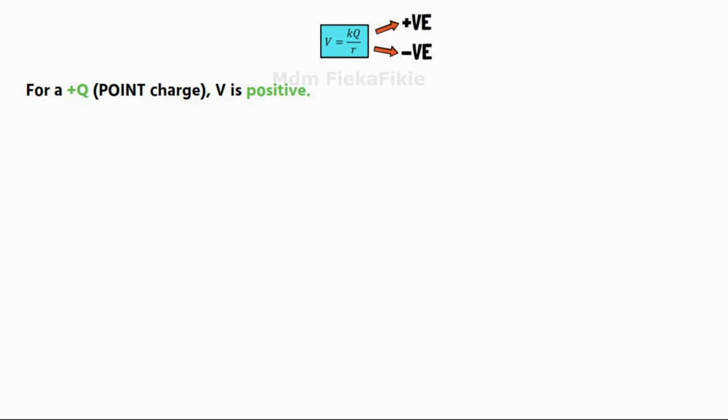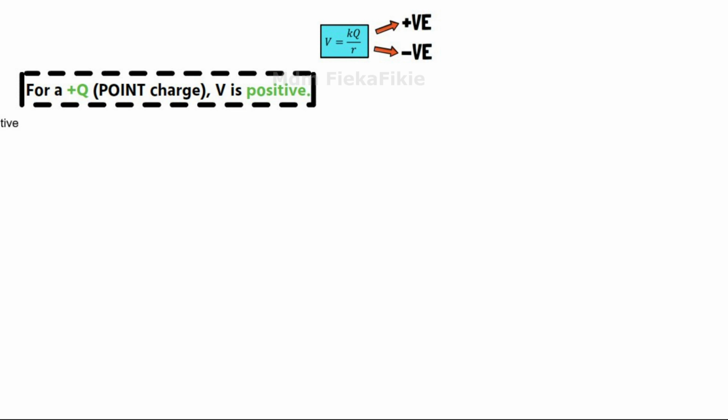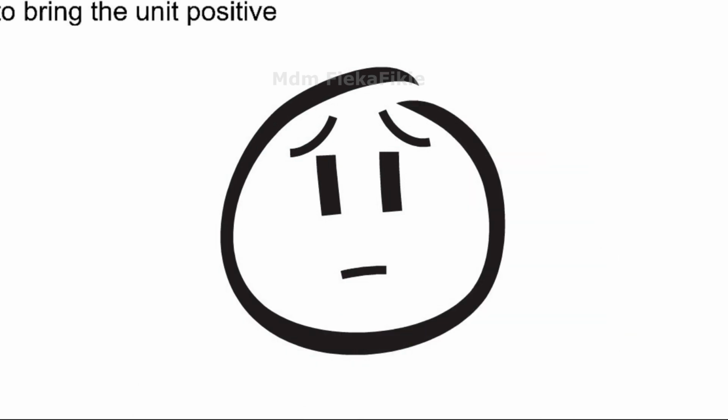Apa maksudnya bila nilai V kita adalah positif? Bila nilai V is positif, sebenarnya membawa maksud berkenaan dengan work, where work is done onto the system to bring the unit positive test charge from infinity to point P. Dekat sini ramai juga yang rasa confused.